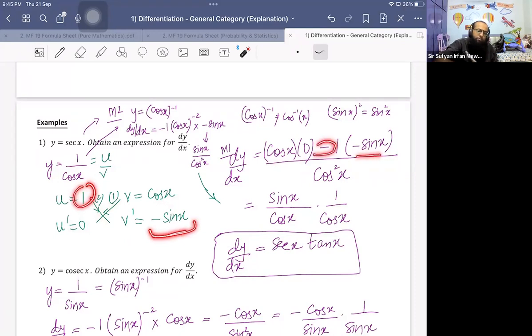And in the middle comes minus because of the formula, vu prime minus uv prime. So cos x into 0 will give us 0. Minus 1 into minus sine x will give us positive sine x. In the denominator, we are going to take cos x whole square, so it's cos square x. So sine x upon cos x multiplied by 1 upon cos x.